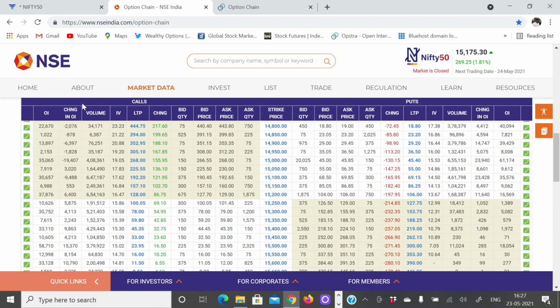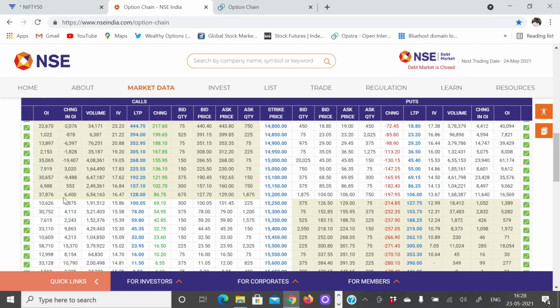And then this is the change in open interest. Change in open interest means, on a given day, whether the number of options contracts for this particular strike is increasing or decreasing. If you see for 15,200, the change in open interest is added as 6,400, which means today 6,400 contracts have been added, bought and sold at this strike price, right?